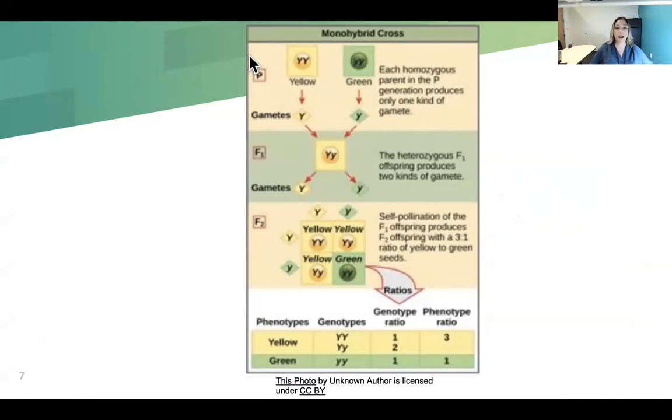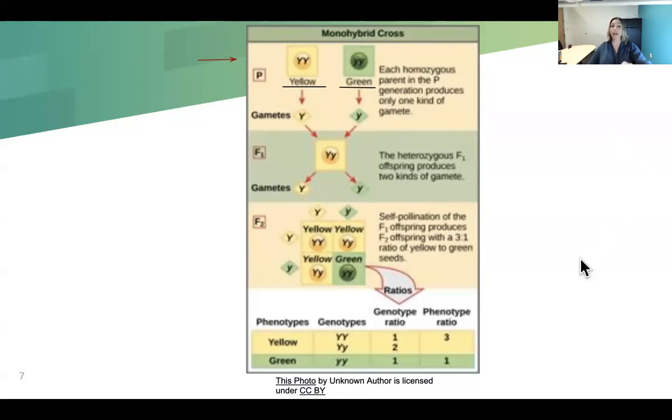Here we have the parental generation. You see that P right there. What I would like to point out is that in the parental generation, we're looking at seed color, and it can be yellow or green. One of the plants had yellow seeds, one of the plants had green seeds, but notice that they are both homozygous.